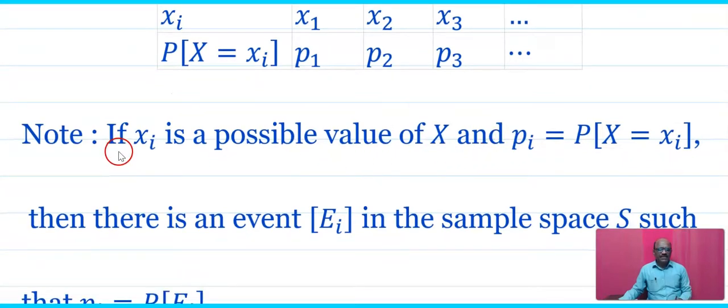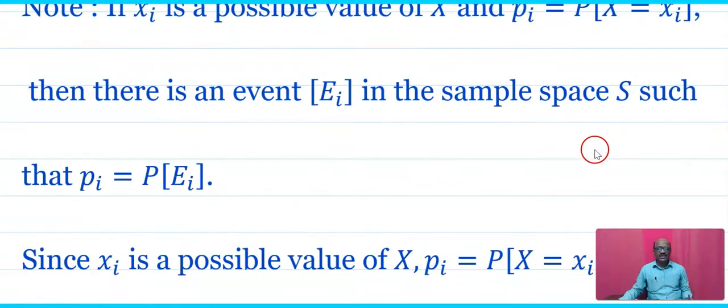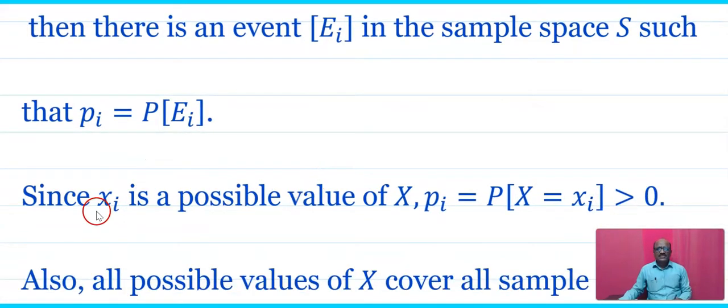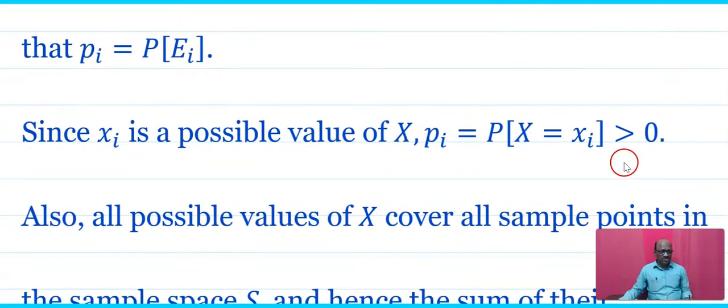Here, if xi is the possible value of x and pi is equal to P of capital X is equal to xi, then there is an event ei in the sample space S such that pi is equal to P of ei, and that event may be of different types. Since xi is a possible value of capital X and pi is equal to P of capital X is equal to xi, it is positive.